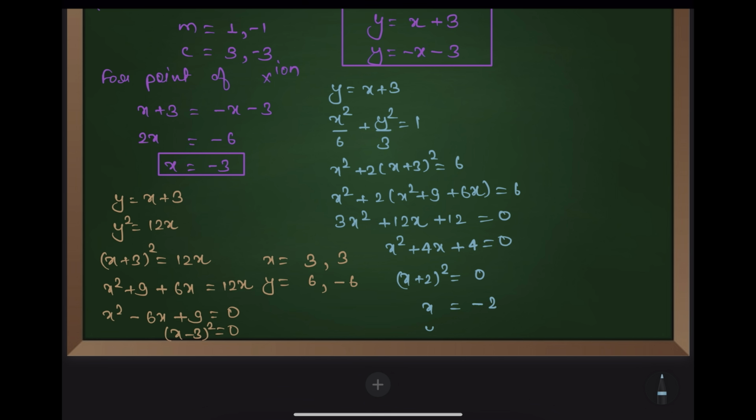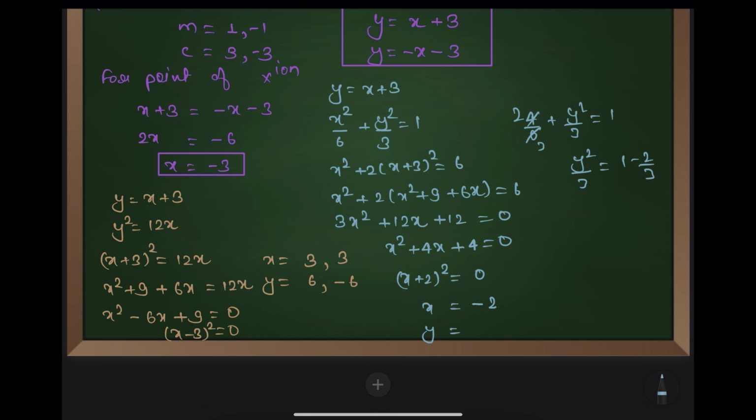So suppose x is minus 2. So y will be equal to what? x is minus 2, so minus 2 square will become 4. So 4 by 6 plus y square by 3 equals 1. So it is 2 by 3. So y square by 3 is equal to 1 minus 2 by 3.